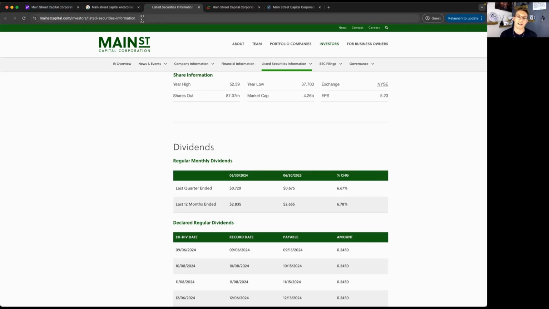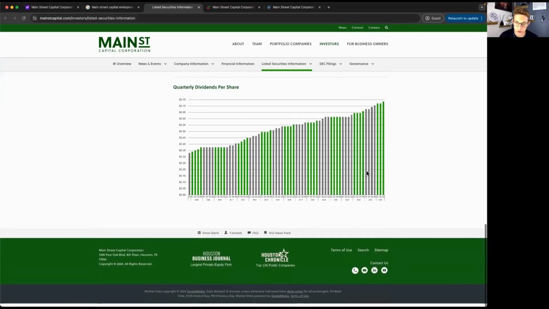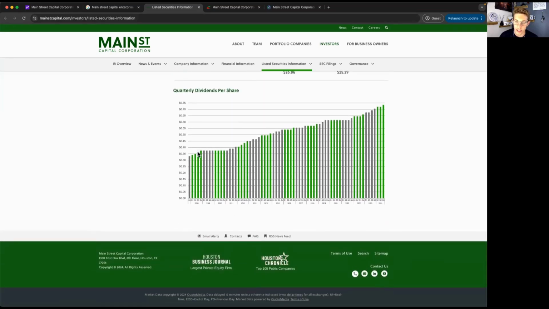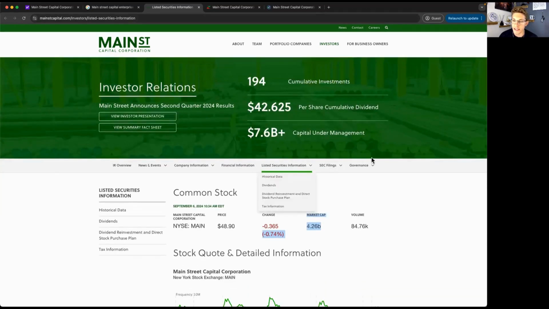I've done some security analysis, security just meaning stock analysis, and looked at specific companies' information that they actually post on their own site, which is kind of cool. Quarterly dividends per share. Oh, that's interesting. Look at that. Their dividends per share have been rising since 2008. So that's cool. But share cumulative dividend, that's fine.